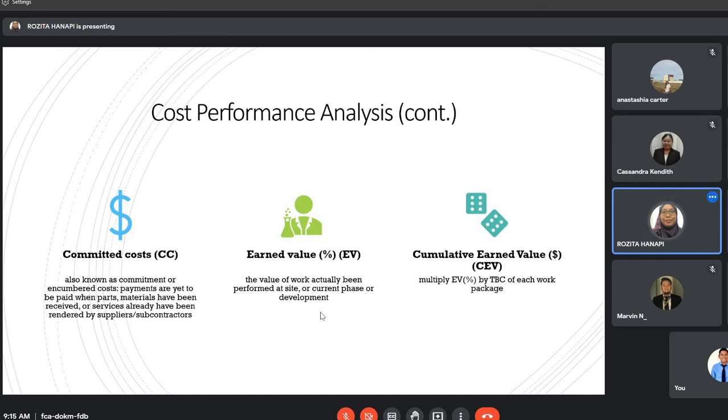That one is committed cost. And then earned value is the value of work actually being performed at site or current phase of development. And cumulative earned value is when you multiply the earned value percentage by the TBC of each work package.